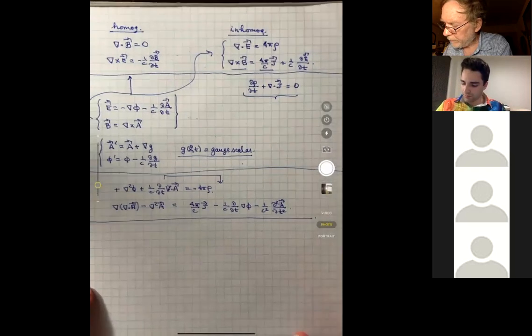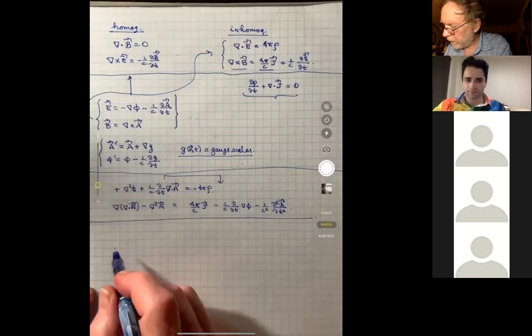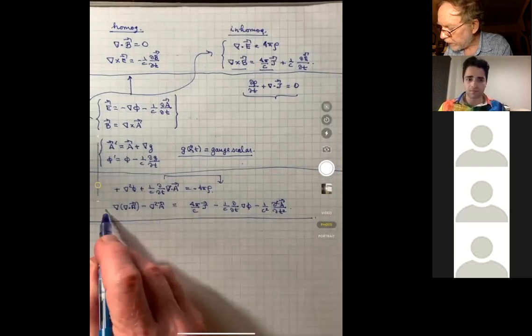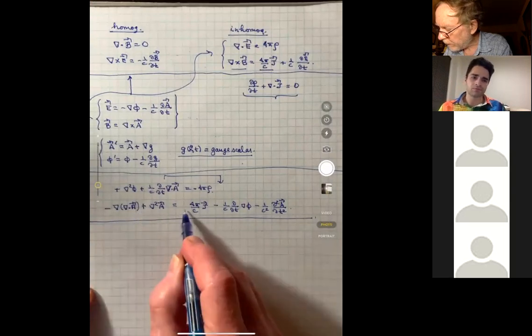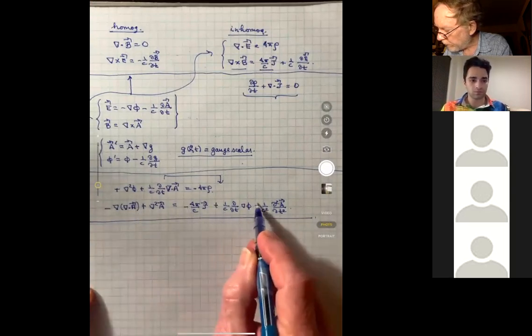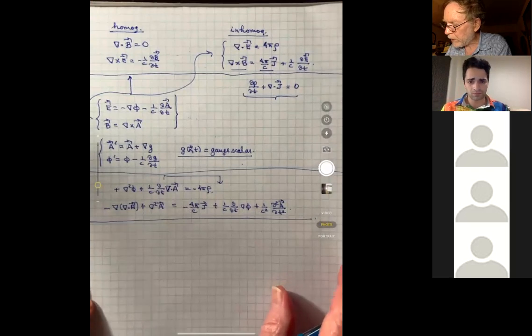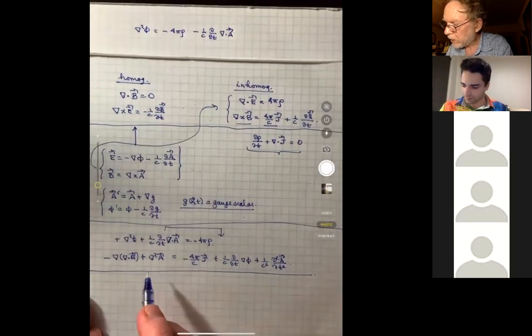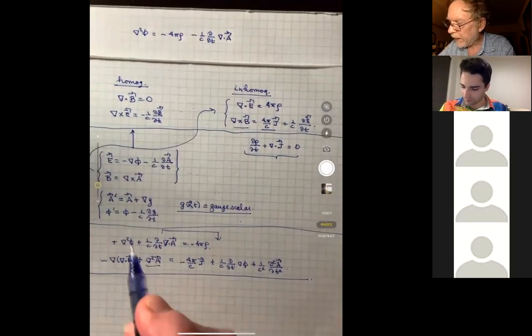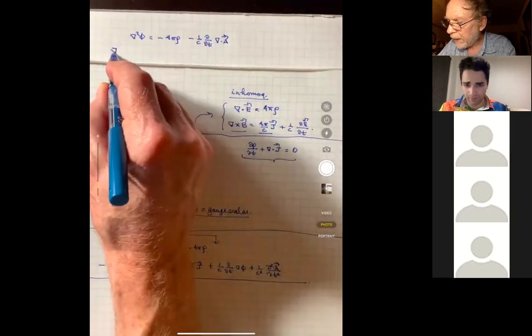And for the vector potential, let me again change the sign here: minus there, plus there, minus there, plus there, and plus there. And let me reorganize this up above. I'll start with the del squared A. We have del squared A.